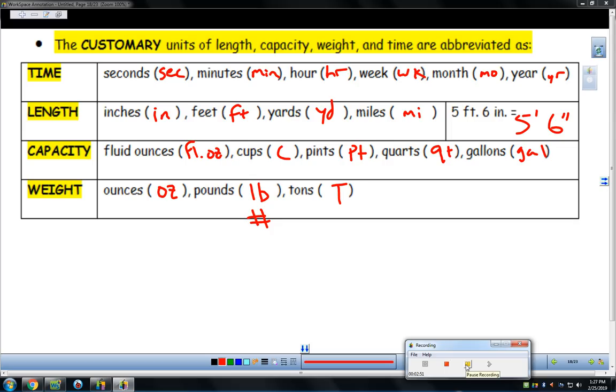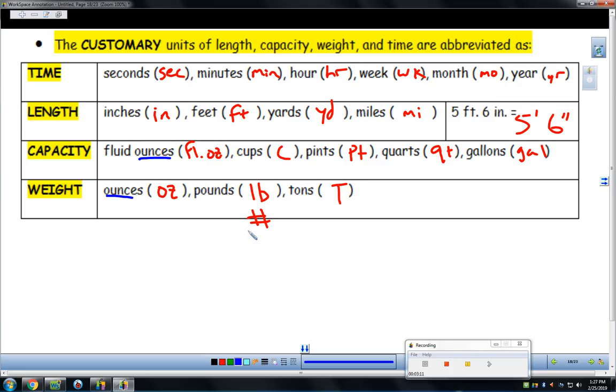The only ones that I'm going to point out are ones that are a little bit weird. For example, you'll notice there are two things that say ounces. One measures fluids, liquids. One measures weight, or how heavy things are. Secondly, there are several ways to represent pounds. This is actually called the pound sign, so you might see that.